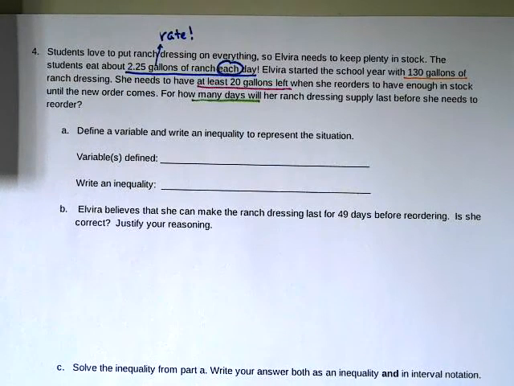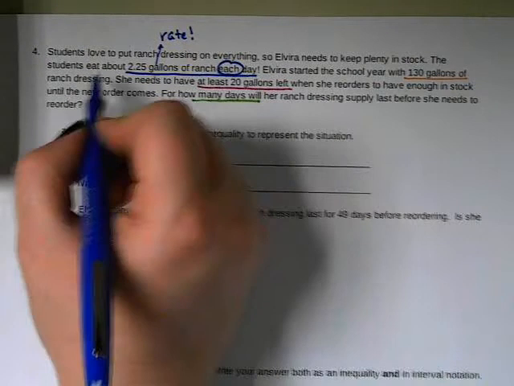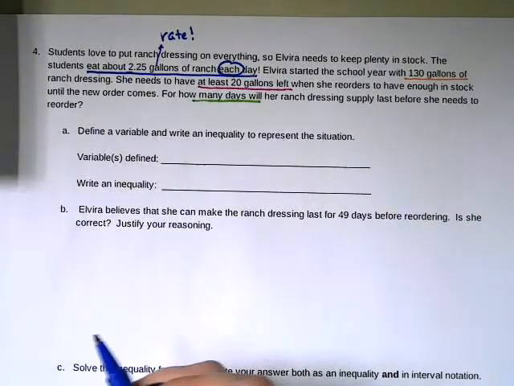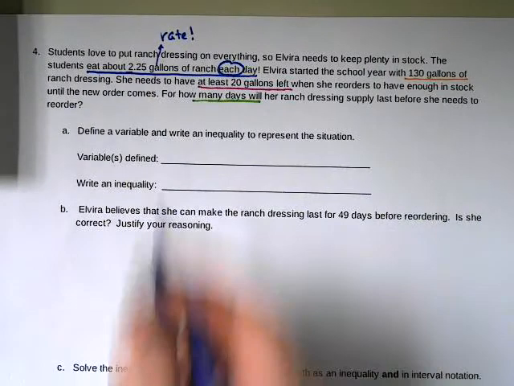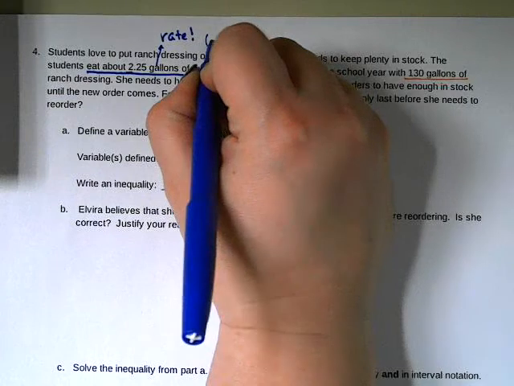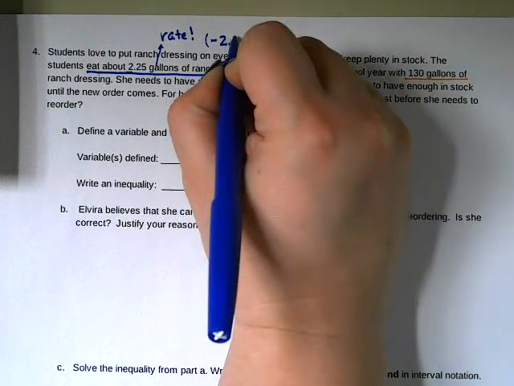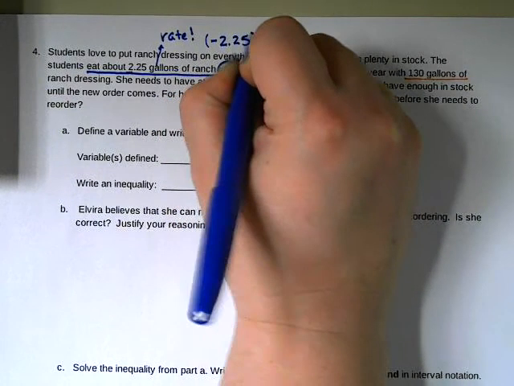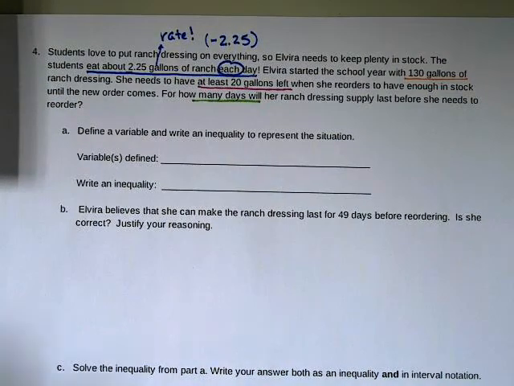Now the thing we have to be careful of is the students are eating 2.25 gallons of ranch each day, which means this rate that we're looking at needs to be negative. So it's going to be negative 2.25 for our rate because we're taking away the ranch dressing. The students are eating it.